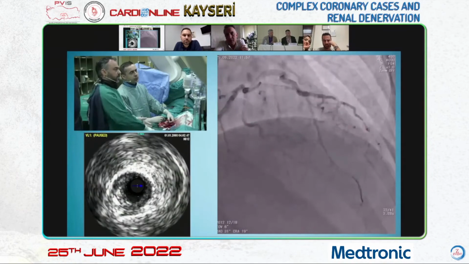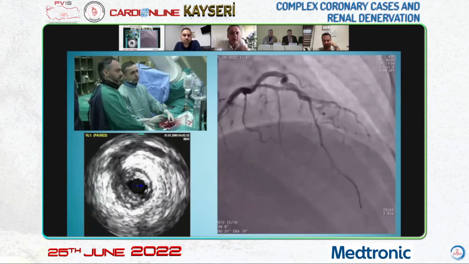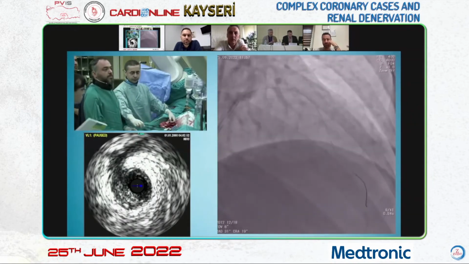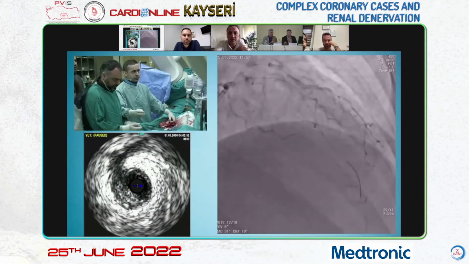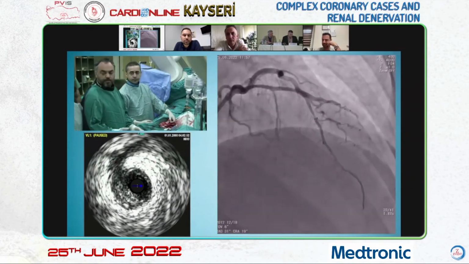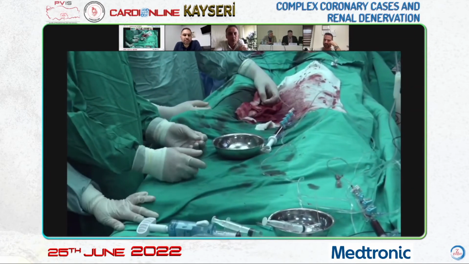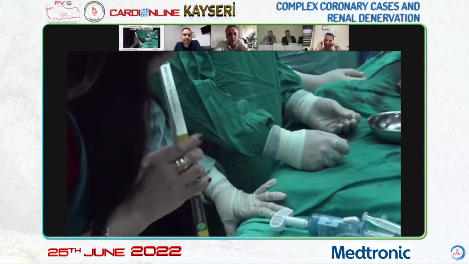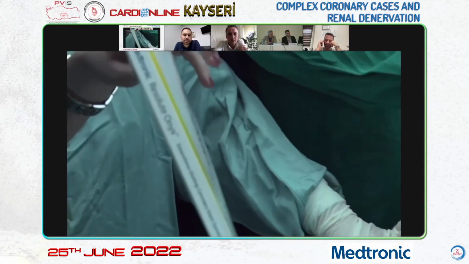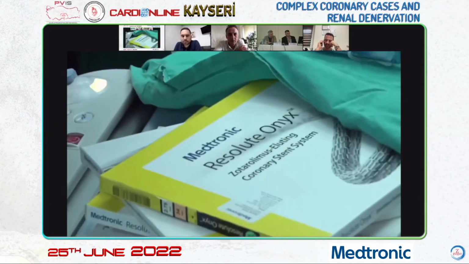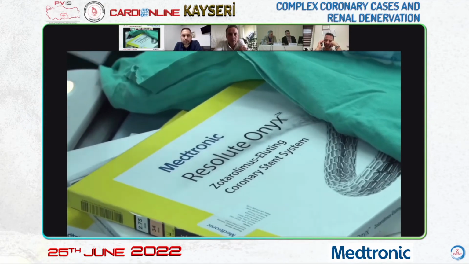There's a branching there. You're asking about the part of the diagonal, right? Let's close this part. It seems like it is dissected. Are you thinking of covering this lesion?